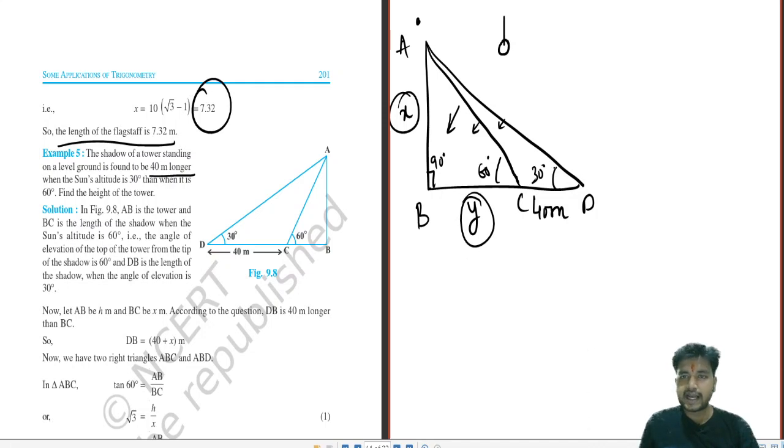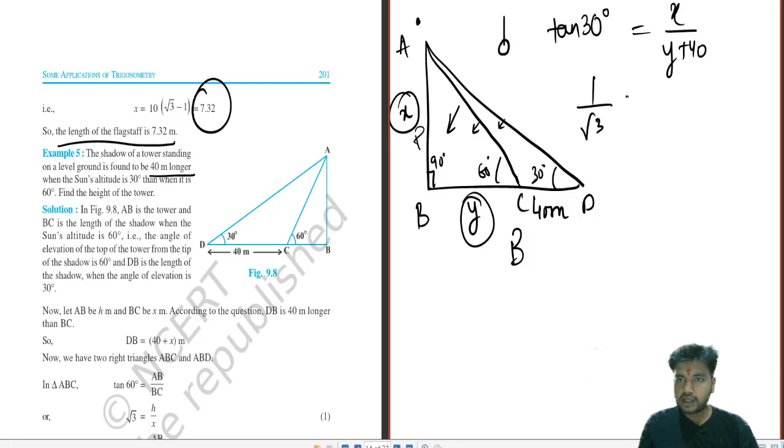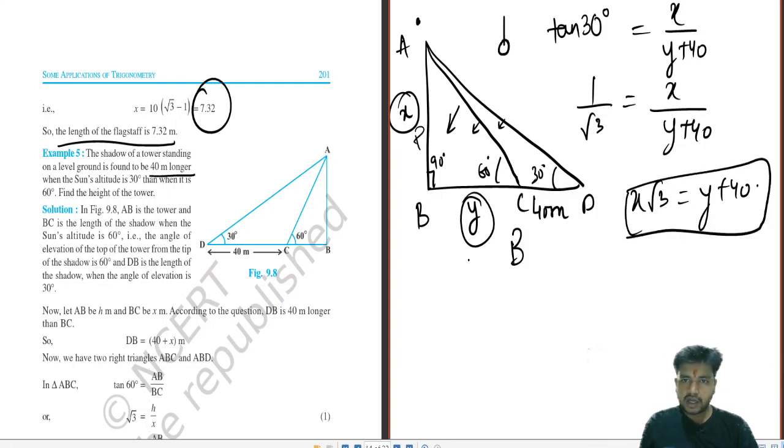Okay, so first taking tan 30. Why are we taking tan 30? Because we have a relation of P and B. So tan 30 is equal to x by y plus 40. So 1 by root 3 is equal to x by y plus 40, or x root 3 is equal to y plus 40. Okay, first equation. Now the second equation: tan 60 is equal to x by y.